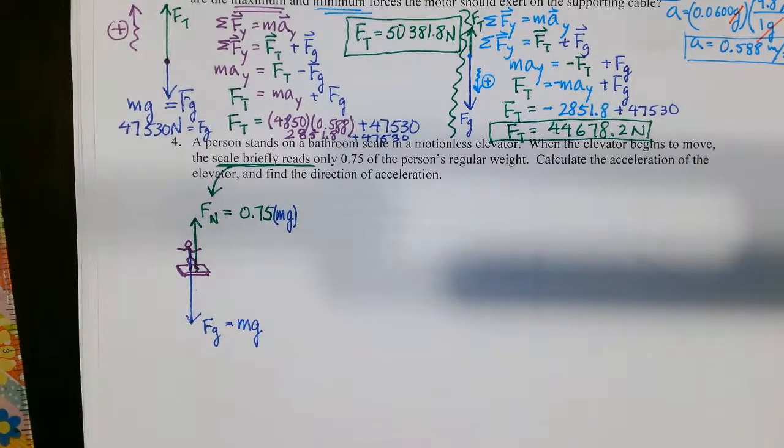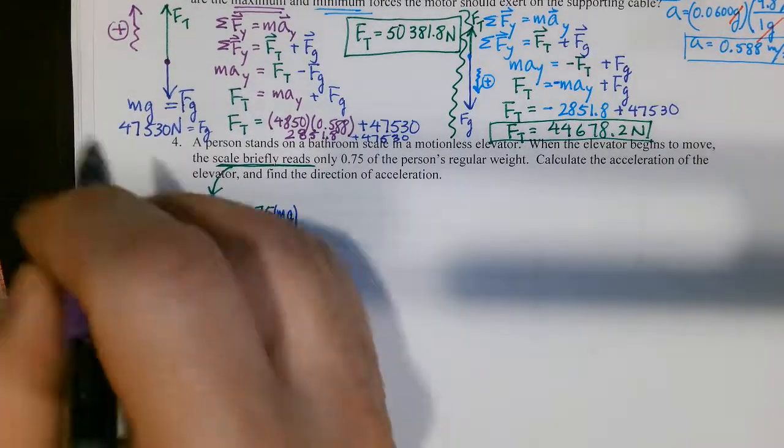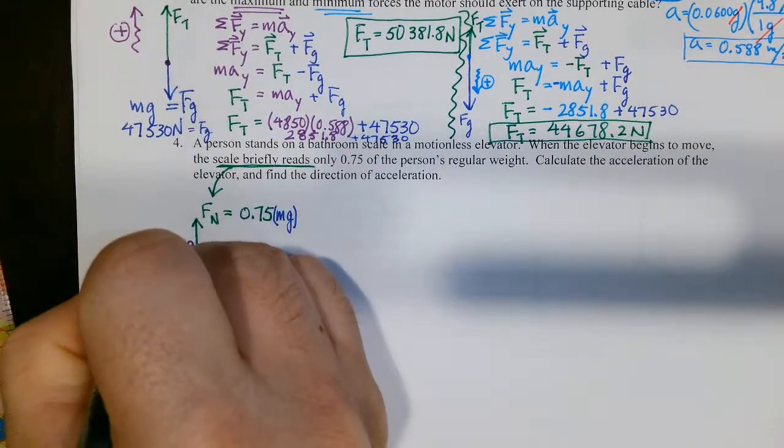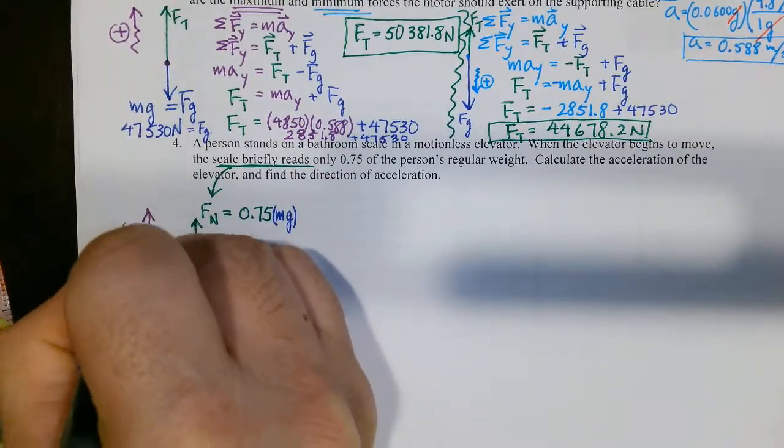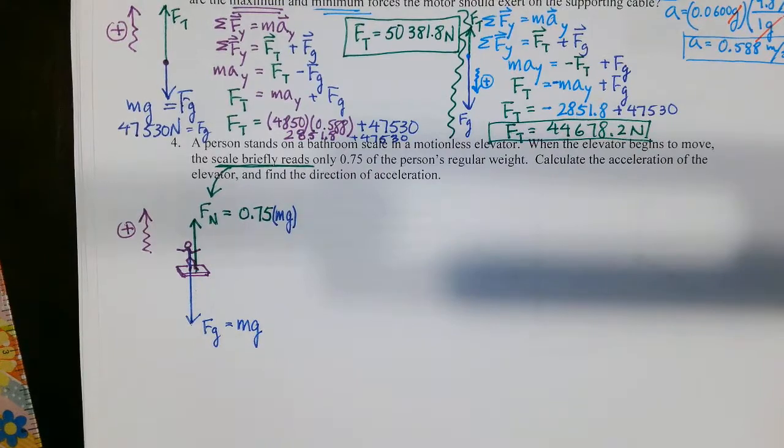All right? So just for the argument's sake, I'm going to assume wrongly and say this person is accelerating upwards, and I'm going to call that positive. And let's see how that works out. All right?